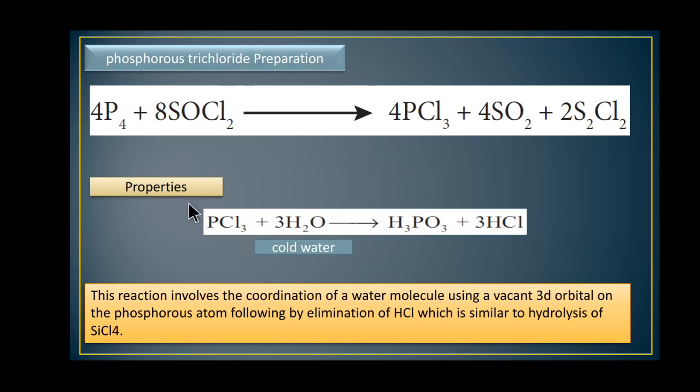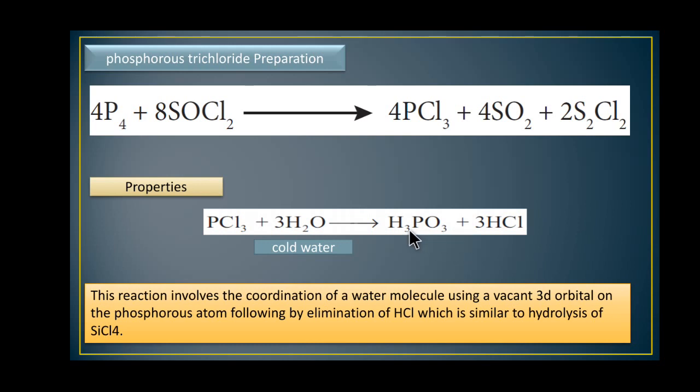Then the properties of phosphorus trichloride. When phosphorus trichloride reacts with cold water, it gives the product H3PO3. What is H3PO3? Phosphorus acid.